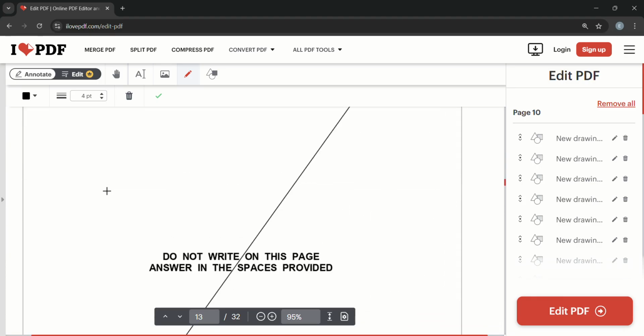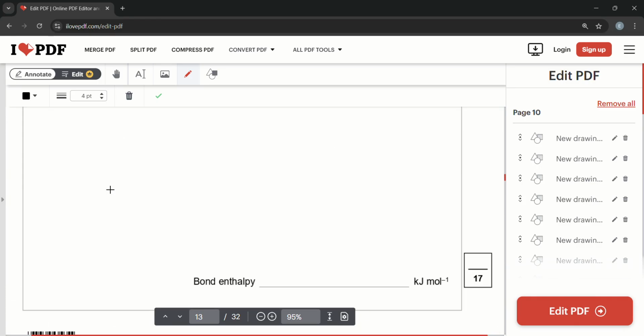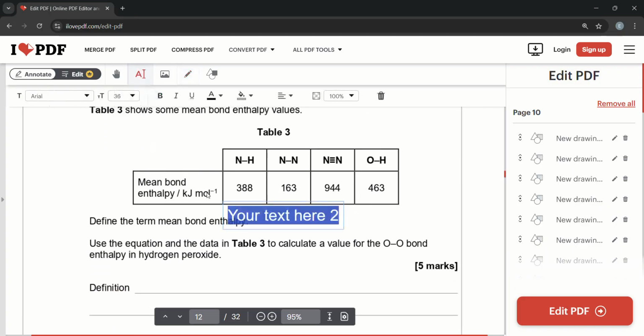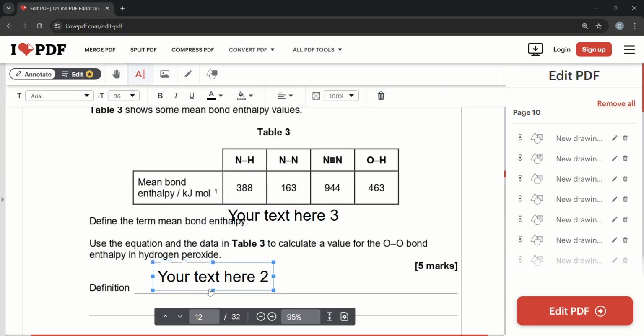And then the final part of question 3.5. Define the term mean bond enthalpy.